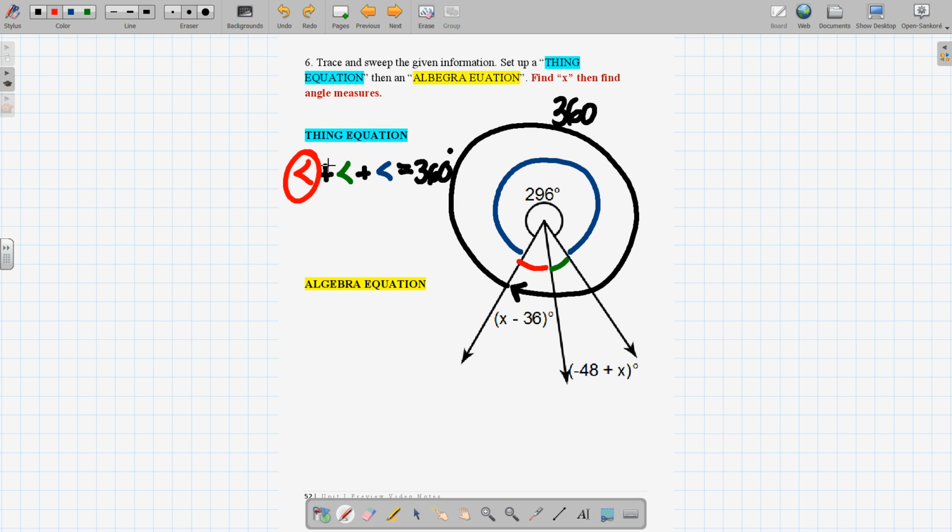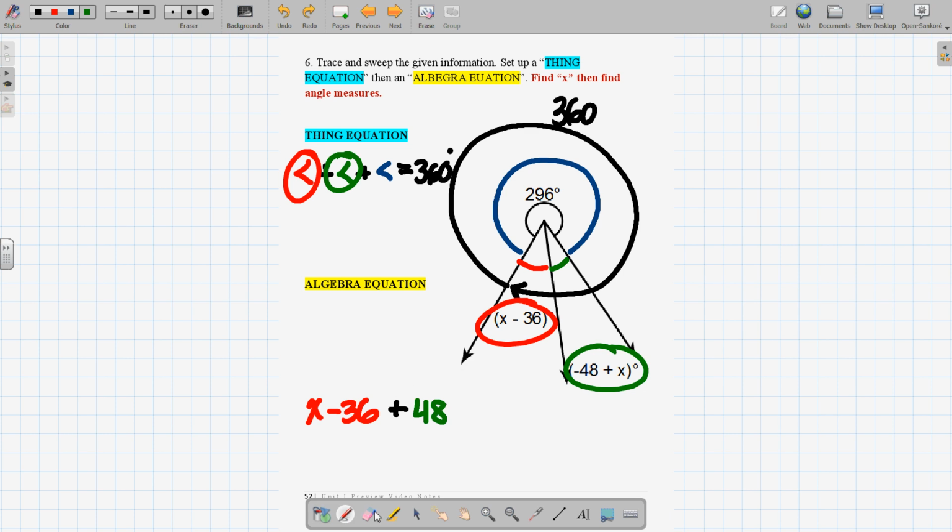We circle the red angle. We physically circle the algebra. Circle the green angle.